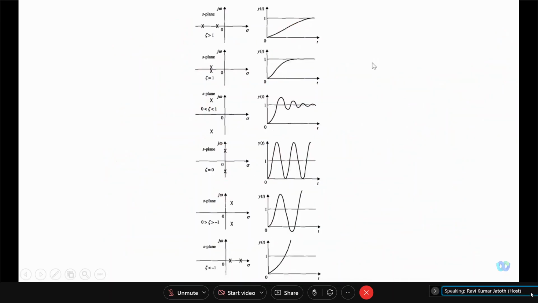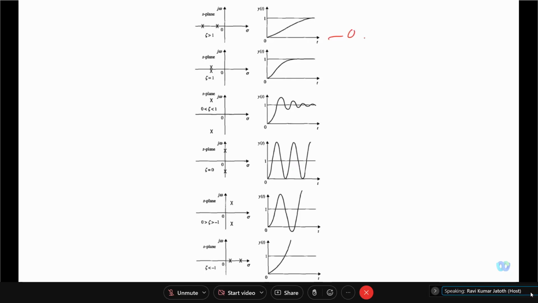So when roots are real roots, when zeta is very much greater than 1, it is an overdamped system, which means the response slowly reaches the output.